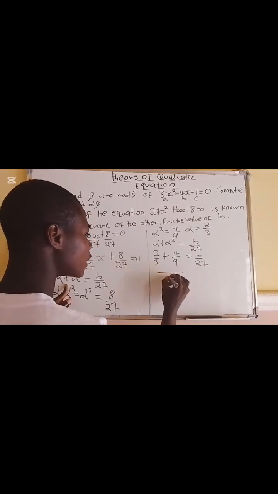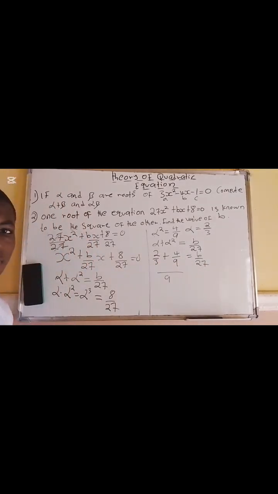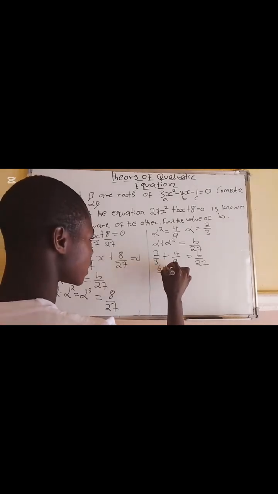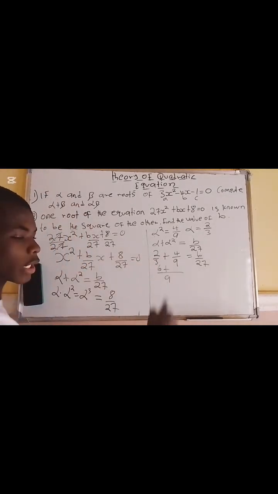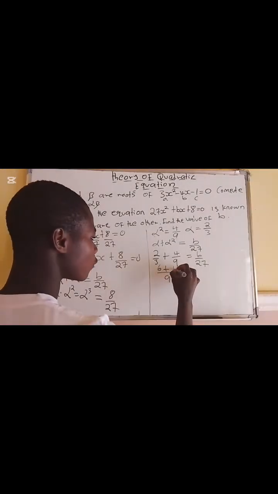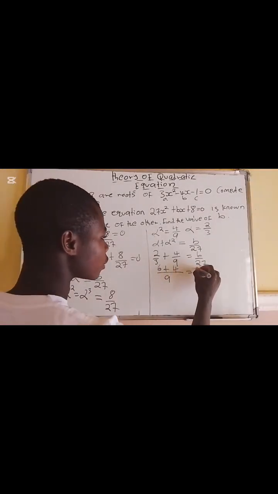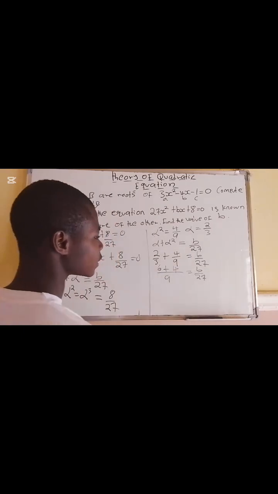The LCM between them is 9. 9 into 3 gives 3, and 3 multiplied by 2 gives 6, plus 9 into 9 gives 1, and 1 multiplied by 4 gives 4, equals b over 27.